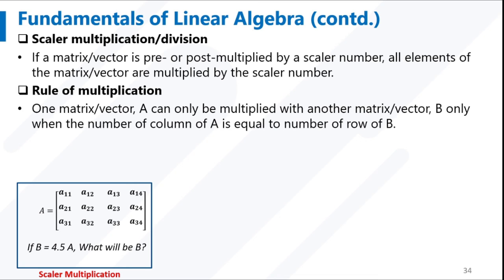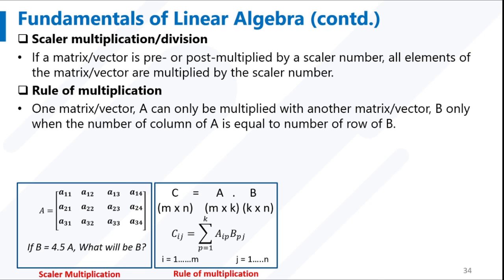Rules of multiplication. One matrix or vector A can only be multiplied with another matrix or vector B only when the number of columns of A is equal to the number of rows in B. For example, A and B are multiplied and C is the result. So the dimension of A is m by k and the dimension of B is k by n.